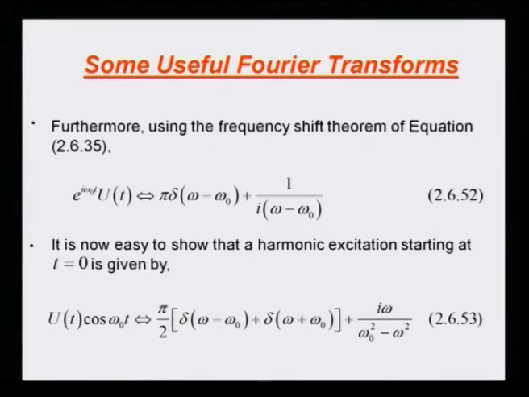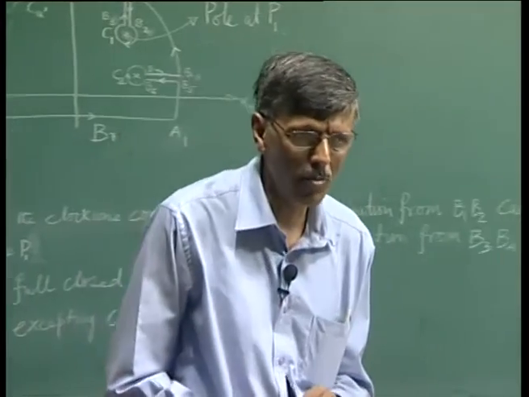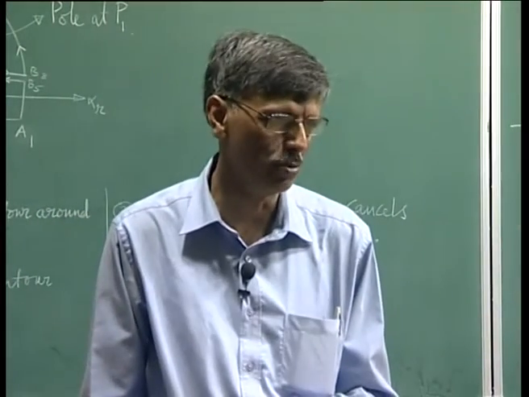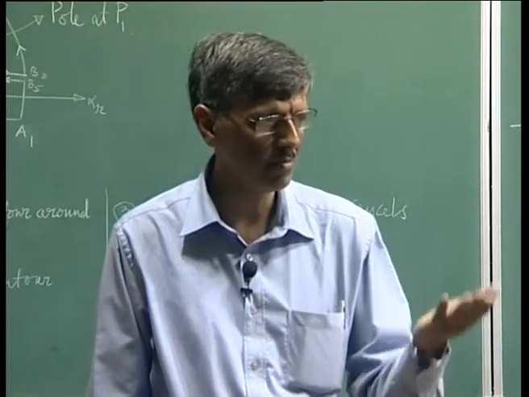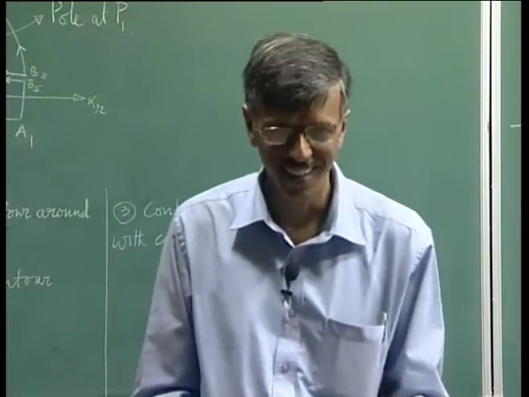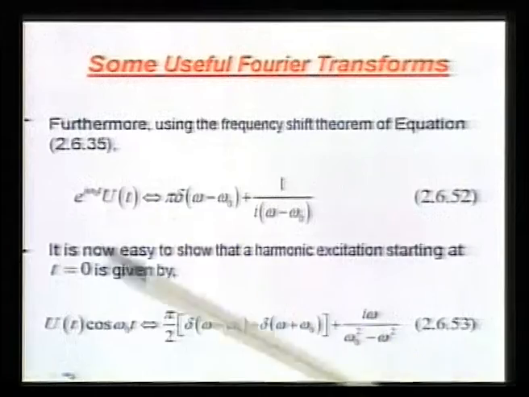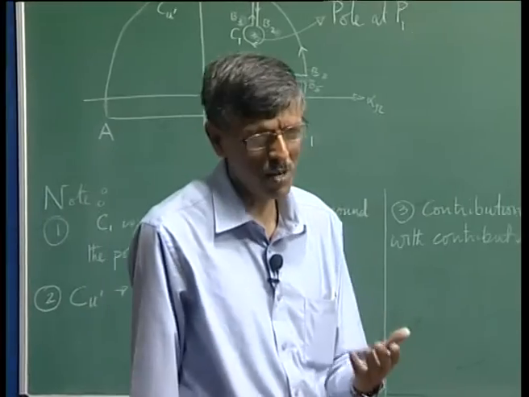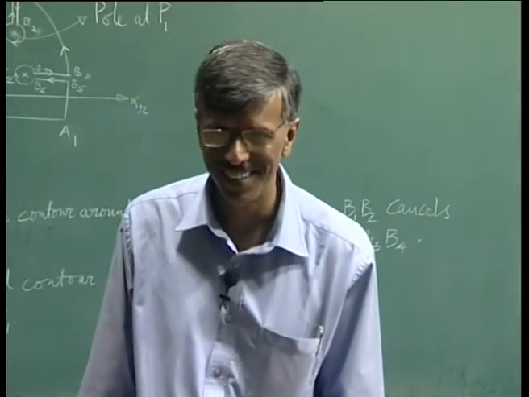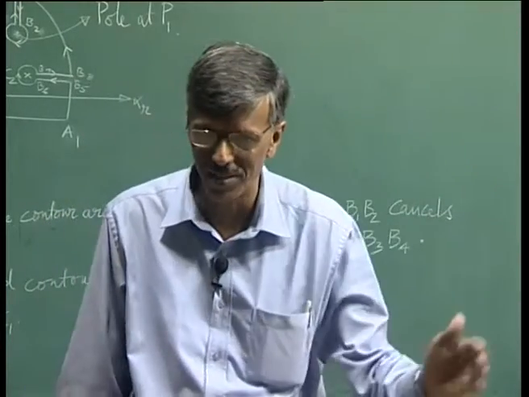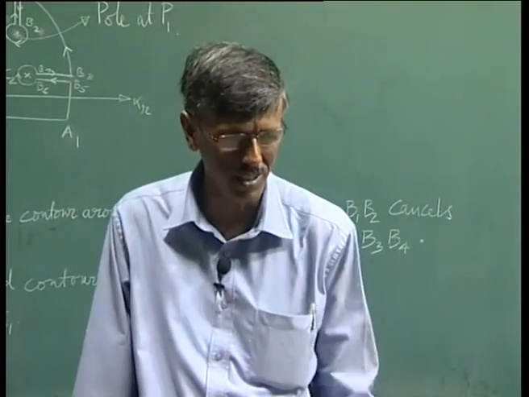This is very important. Now, go back and think about your Schubauer-Klebanoff experiment. What did they do? They took a ribbon and vibrated it harmonically. So the frequency omega naught was given, and they started the experiment at some finite time. It is not something which had gone on from minus infinity and is going on forever.